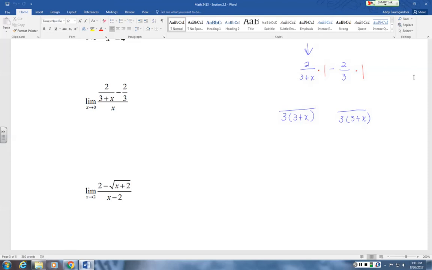So we've got 2 divided by 3 plus x, and we need to figure out what we need to multiply it by so that its new denominator is 3 times 3 plus x. Well, since it already has a 3 plus x in its denominator, the only thing we need to multiply the denominator by is a 3.